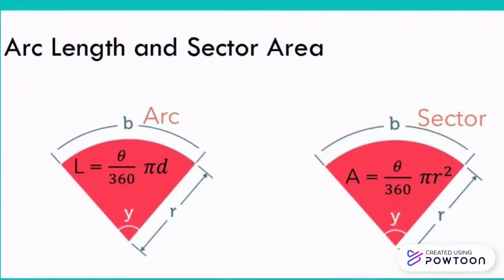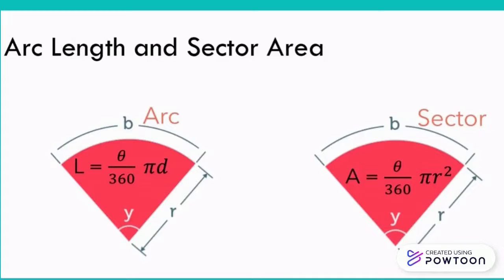So now we have learned the area and circumference of a circle, but what about the parts of a circle? Remember that the arc of a circle is defined as the part or segments of the circumference of a circle, and the length formula for an arc is theta over 2 pi, which is 360 degrees, times pi times diameter.